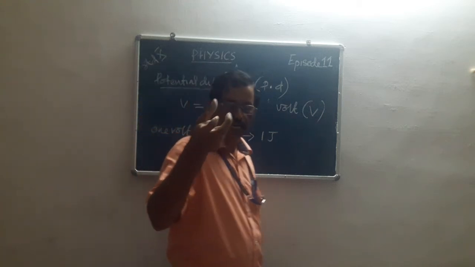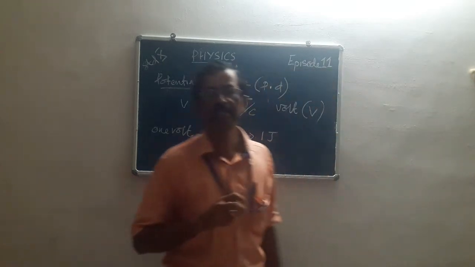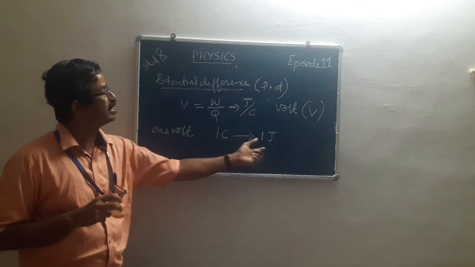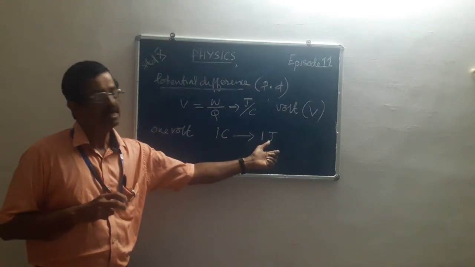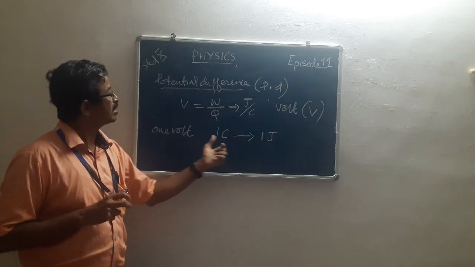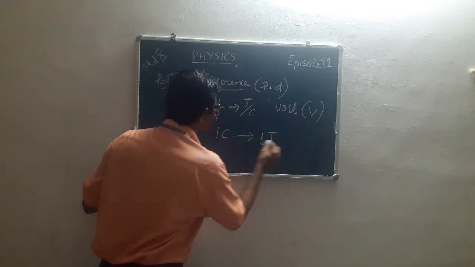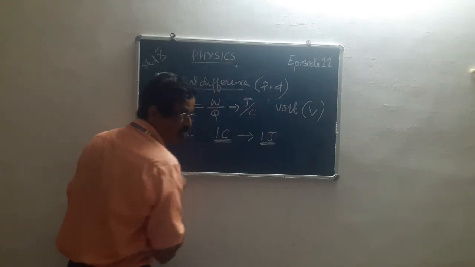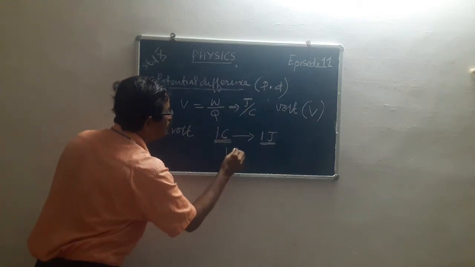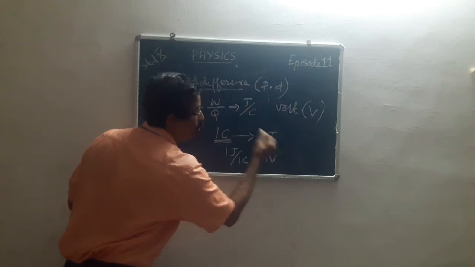Due to chemical reaction, the electric current flows. So suppose 1 joule work is done to flow 1 coulomb charge, then the potential difference is 1 joule by 1 coulomb, that is equal to 1 volt.